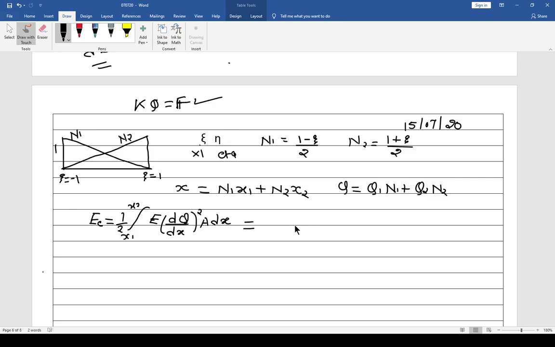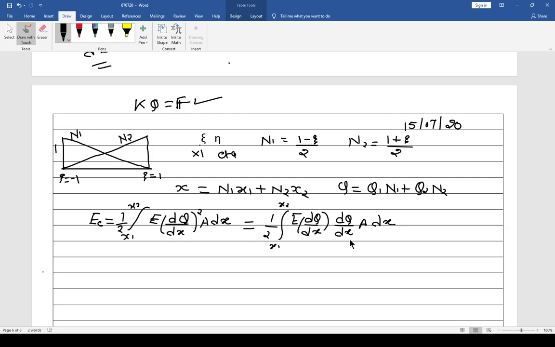So I want to make this generalized, so in further chapters you can use it. 1 by 2 integration of x1 to x2 E (dq by dx) and (dq by dx) A dx.